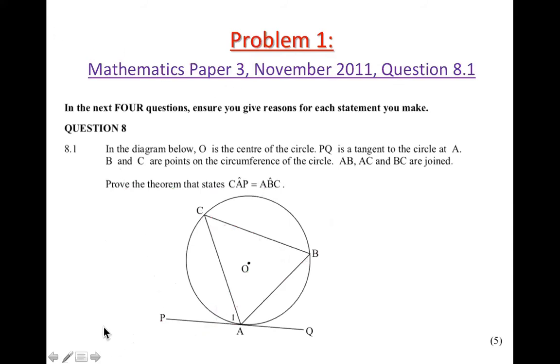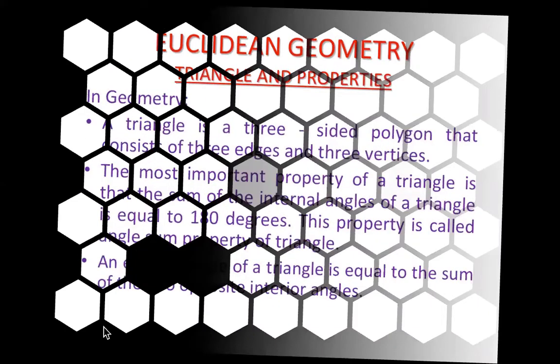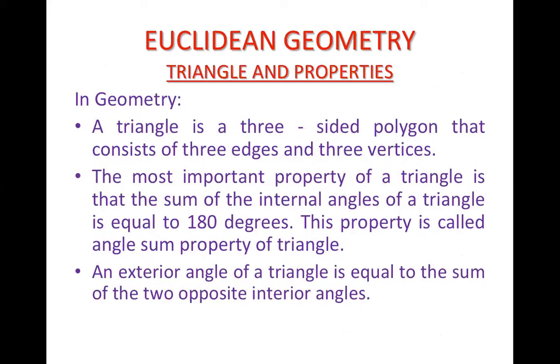Now we'll be going to the next stage, and I want you to look critically. Under this, we'll be looking at triangles and the properties of a triangle. Some of the properties you need to remember: if you add the three interior angles of a triangle, it gives you 180 degrees.